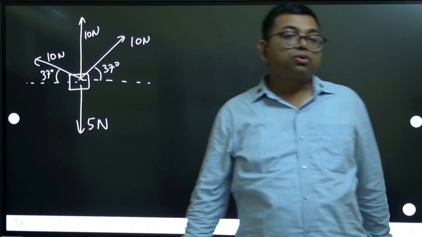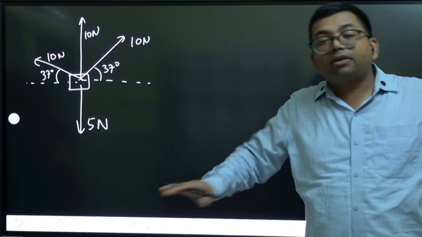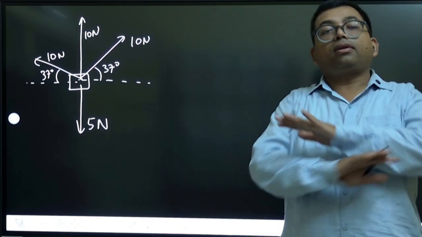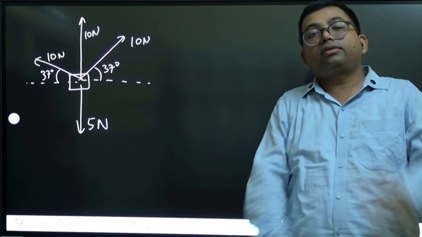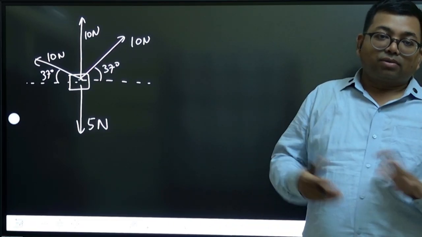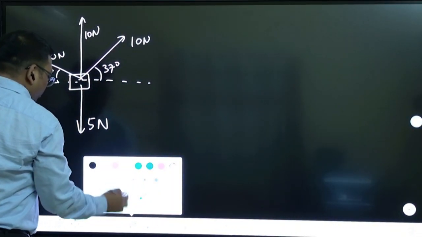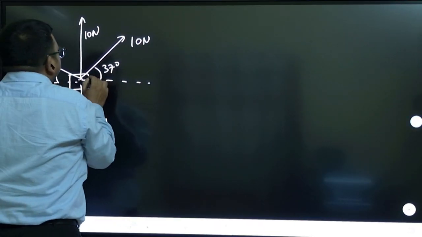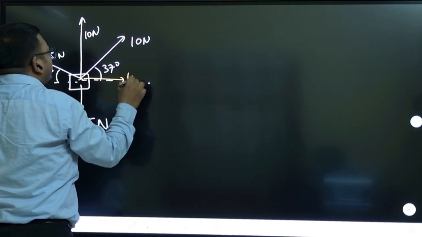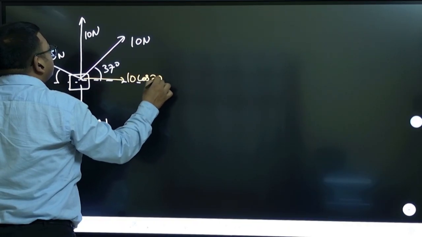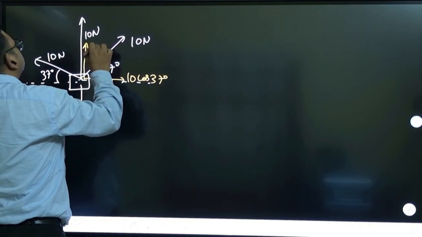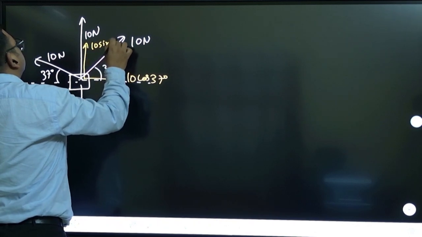Suppose they ask that. So how to do that? Let us break all the forces along x and y, right? So one is x, one is y. Let us see how to do that. So this is the first force. Let us break this first force here. So this becomes 10 cos 37 and this becomes 10 sine 37.